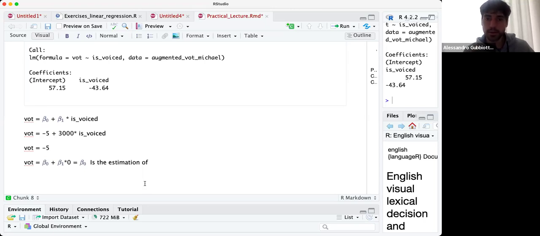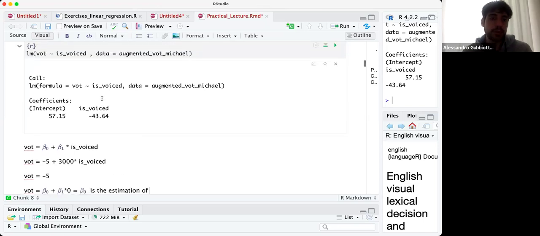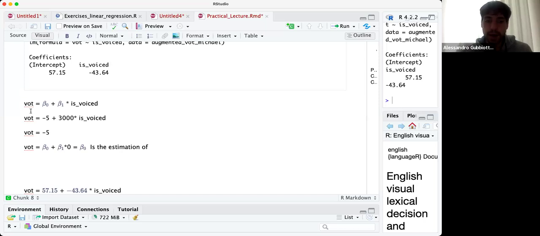If you take some individual and make him pronounce some sentence, it won't be precise. But we use this variable to give a better prediction than guessing the vocal onset time without taking into account anything, where we would simply take the mean of all vocal onset times as our estimate.